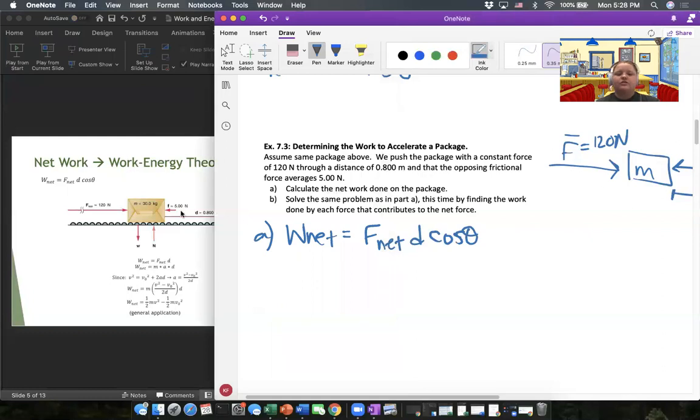I mentioned there is a weight of the package, but then there's a normal force, and those two counteract each other, so we can ignore them for the problem.